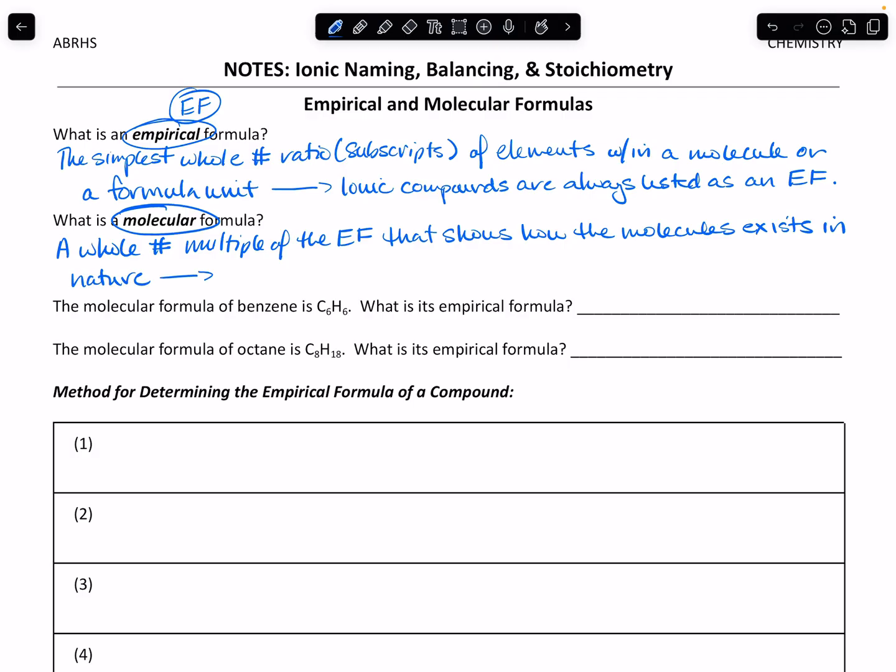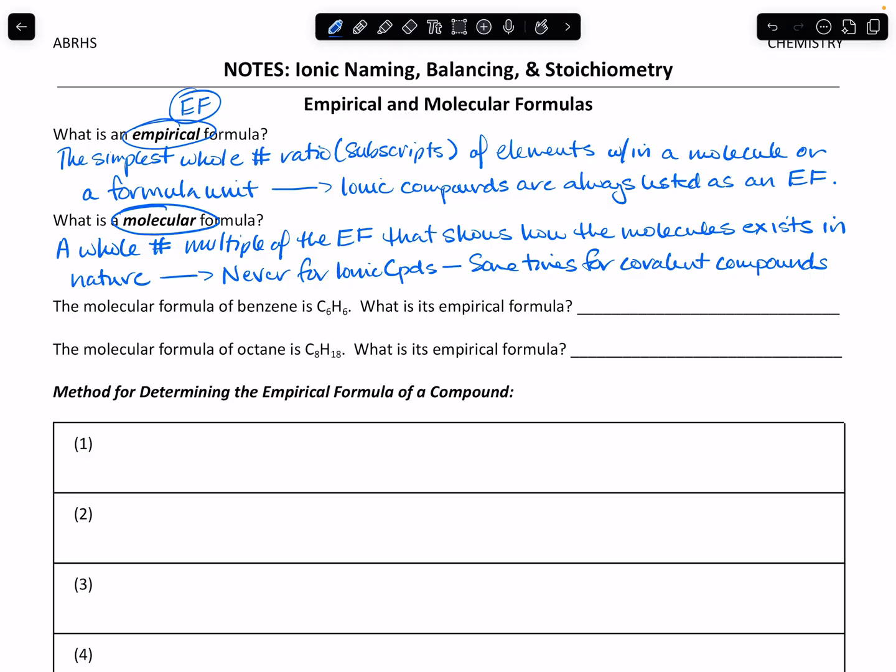Never for ionic compounds. Sometimes for covalent compounds.